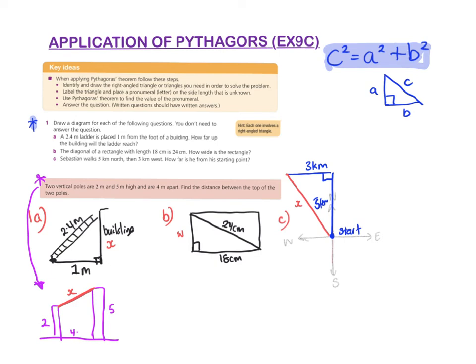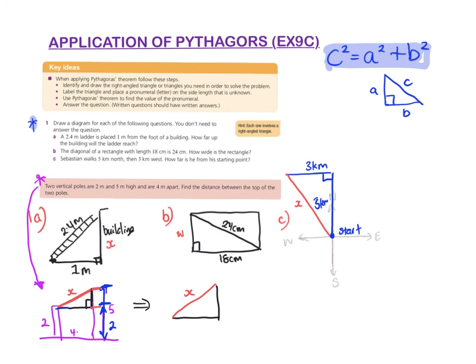Now, can you see I can make a little right angle triangle in here? If I just redraw that right angle triangle that I'm going to use, you can see this is the distance between the two poles. Now, what would this little distance in here be? If all this is 5, but this pole only goes up to here, which would be 2, what's this little distance going to be?